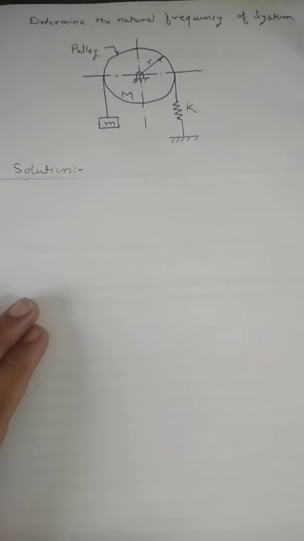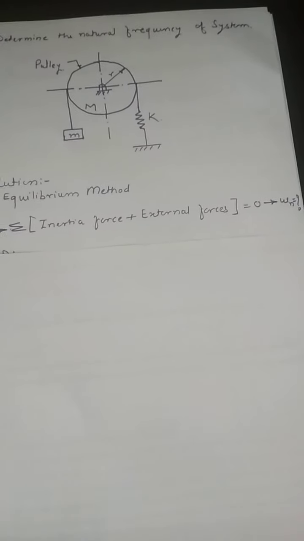So, the first step for the solution is the equilibrium method. In the equilibrium method, we draw the free body diagram of the system components. Then we apply D'Alembert principle to each individual component, meaning the summation of external excitation force plus inertia forces is equal to 0.